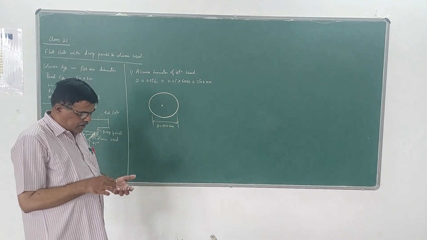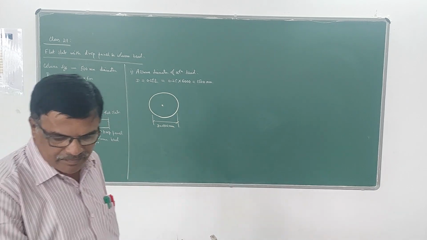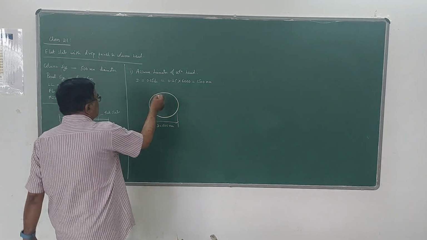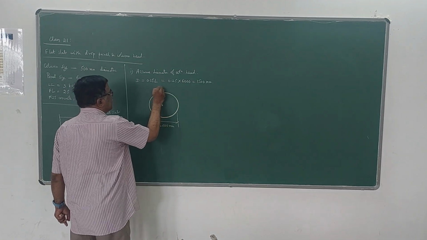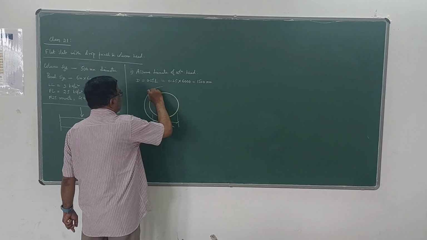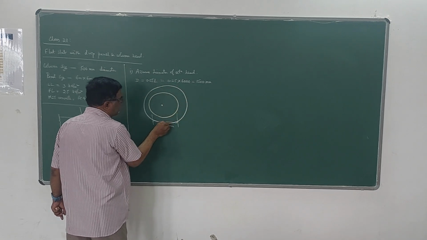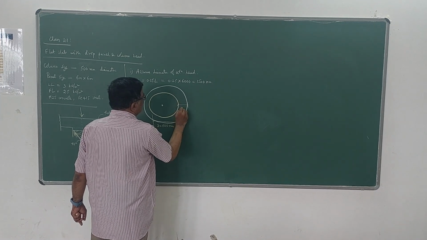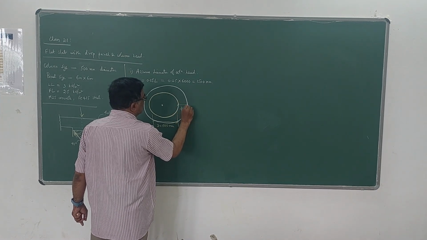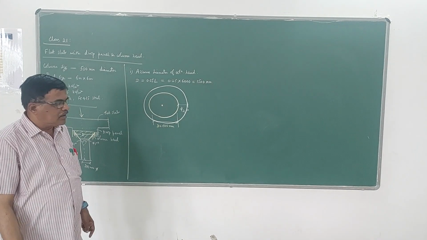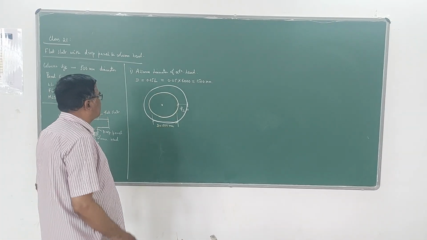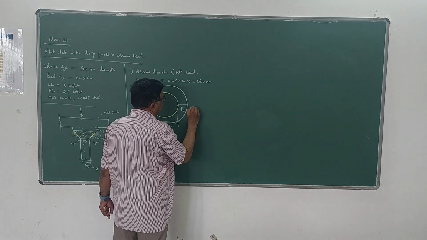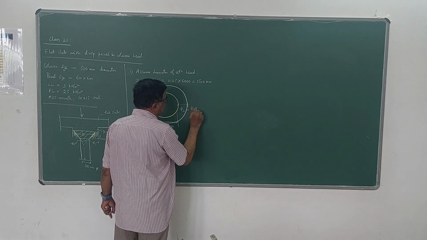Naturally, the critical section for the punching shear case will be like this, at a distance of d by 2 from the outer face of the column. So this distance will be d by 2. I explained this in the last video itself. Here, what was the value of d there? It was 249, because it is the same problem.